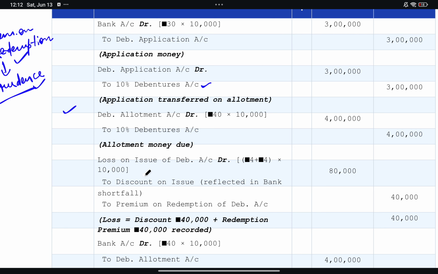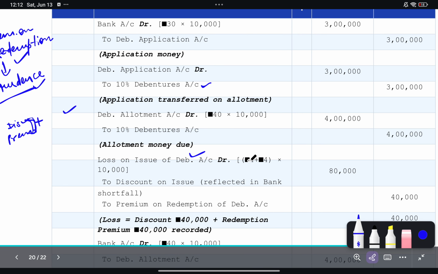And so we are debiting allotment account to debentures, and I am also doing the entry for discount on issue and premium on redemption. These both are losses, so we will add them and write it in the name of loss on issue of debentures.